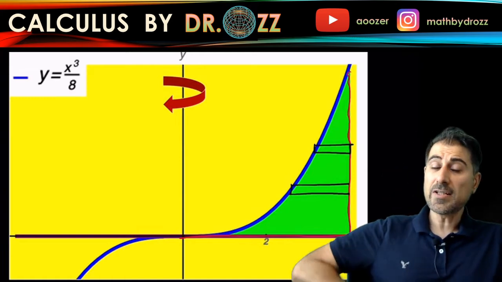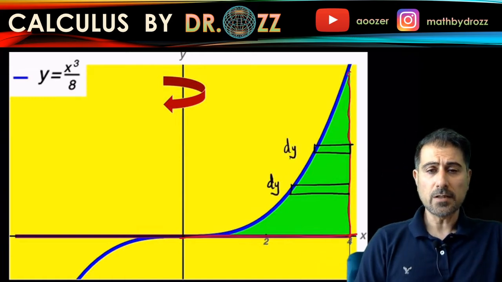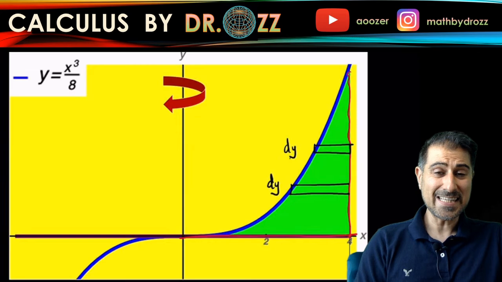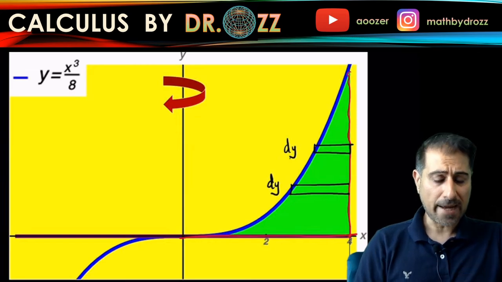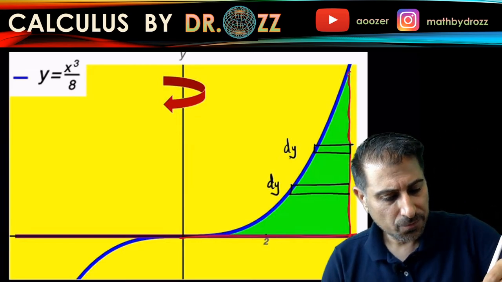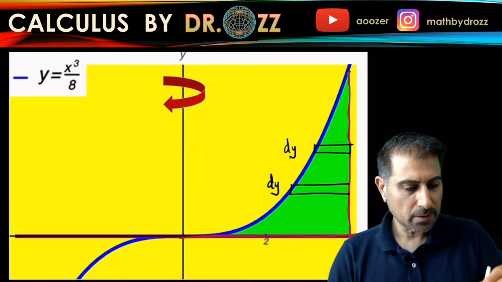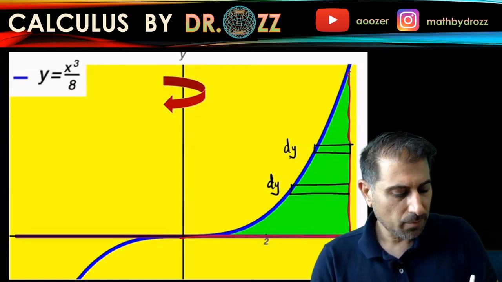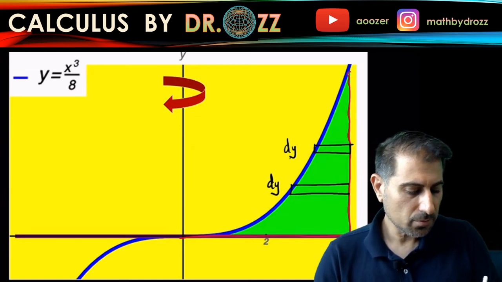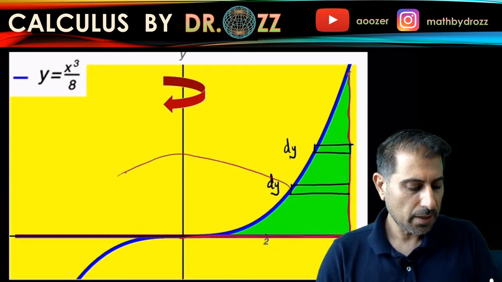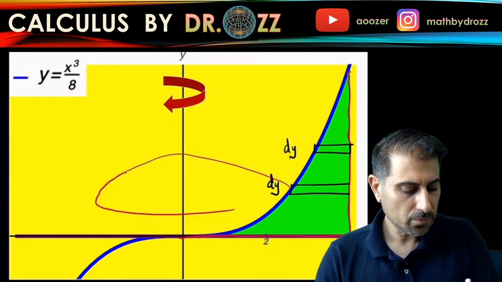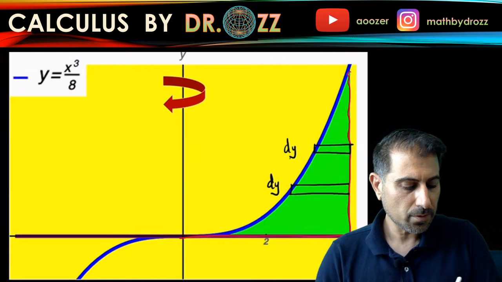That means whatever integral I write in the washer technique is going to depend on y. So what happens if you revolve one representative washer here? You'll have the inner part, and you have the outer part.